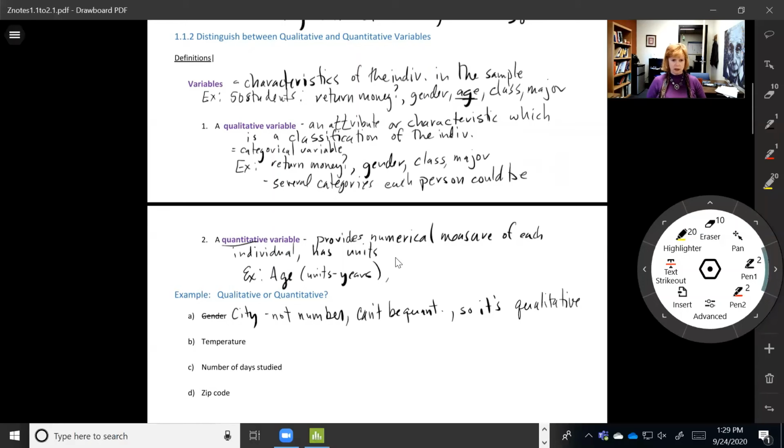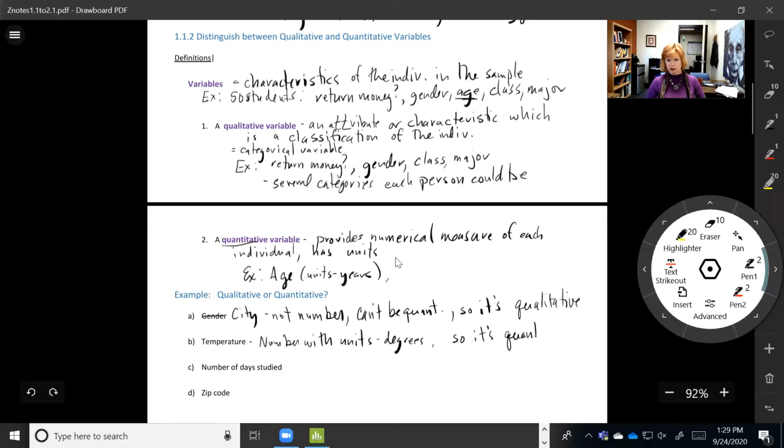Temperature, I just gave it away, but temperature has units. It's a number with units. And the units here are degrees. And it can be in Celsius or Fahrenheit, whatever. So this is quantitative.